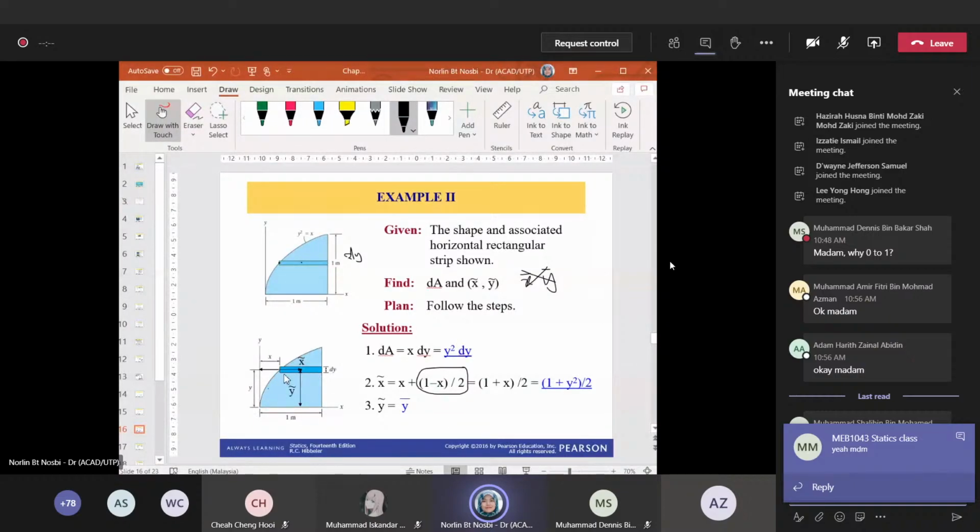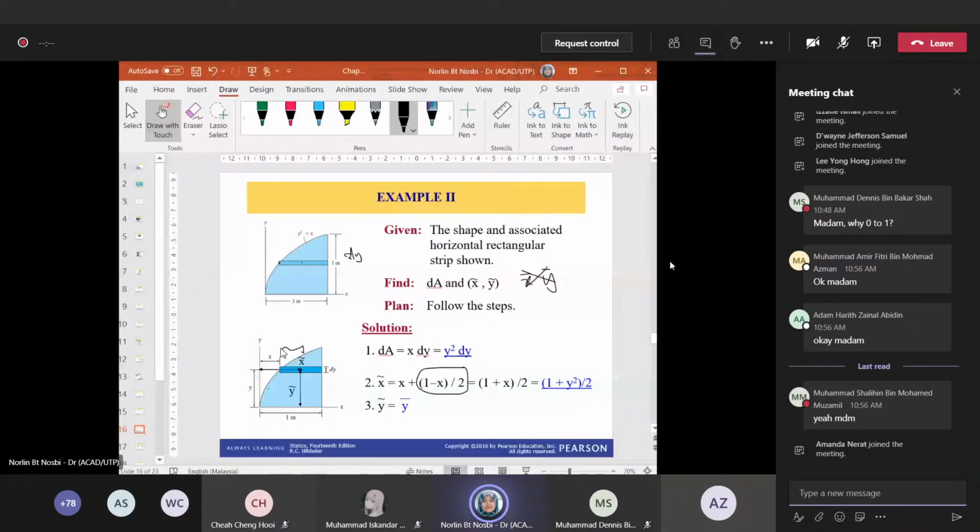You need to find the centroid, so it is divided by 2. So you will get only until here, so you need to plus x. This one is only half of the rectangle, but you need to plus x because it must be from the origin until the center value. Oh, okay, I get it, madam. Okay. Thank you, madam.